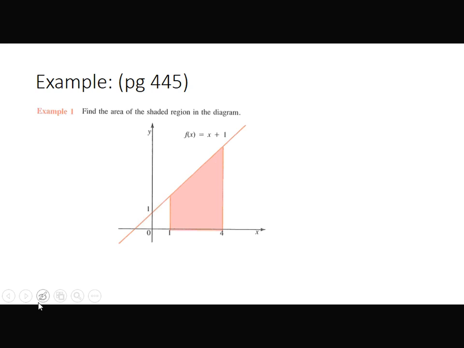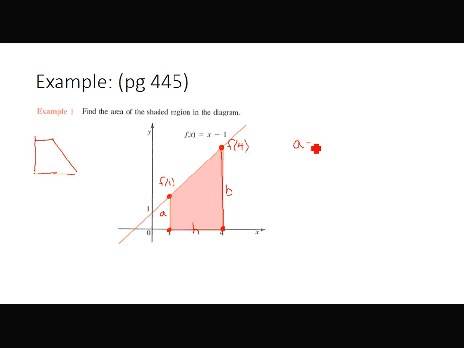If we look at here, it's really just my trapezoid on its side. So when I look at this, this is my a value, this is my b value, and this is my height. So from here, how do I know the length of this height? Well, this is going to be f at 1, and this is f at 4. And that gives me my heights a and b.